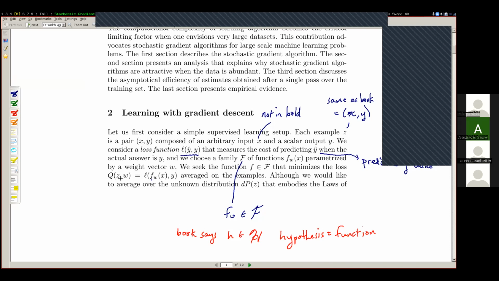And this F sub W of X is equal to the y hat. Again, the F is our hypothesis, our function, and so this is our estimated output on that particular X example right here.